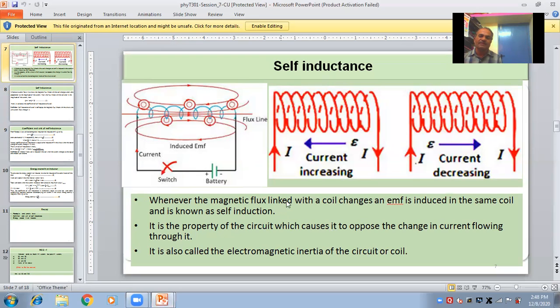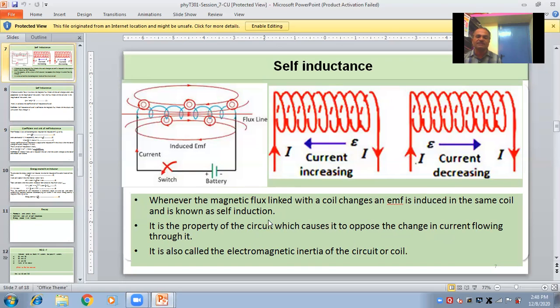Whenever the magnetic flux linked with the coil changes, an EMF is induced in the same coil, and this is called self-inductance. It is the property of a circuit which causes it to oppose the change in the current flowing through it.